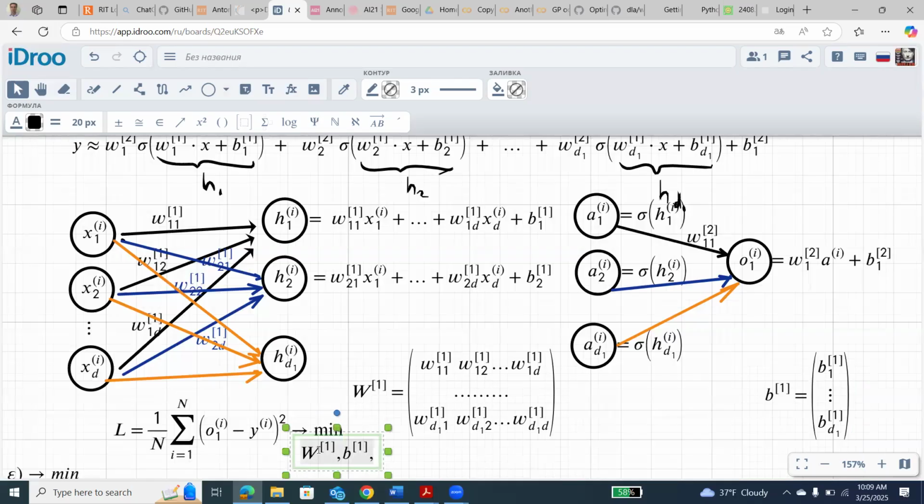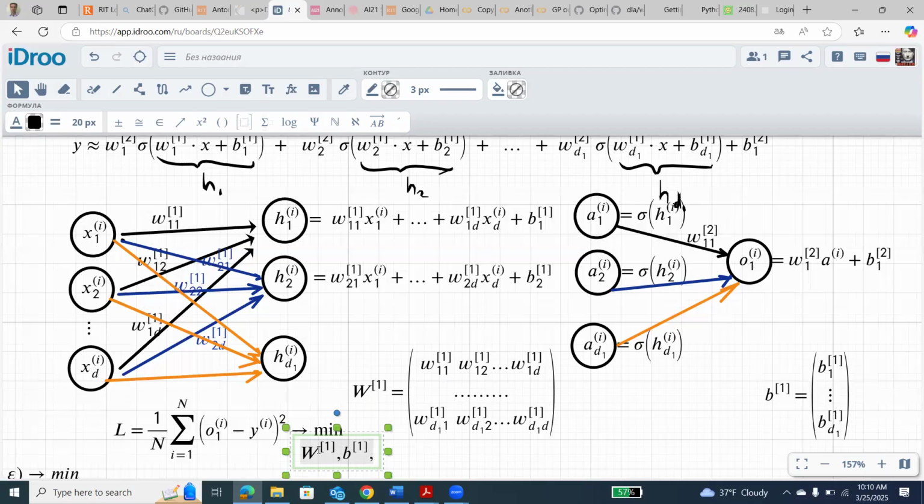And then we also can construct a matrix for the second layer. It will be the same matrix, but this superscript will be 2. And the bias here, well, in this case, I have one-dimensional output. So this vector has actually size 1, just one number, but we can actually have multi-dimensional output.